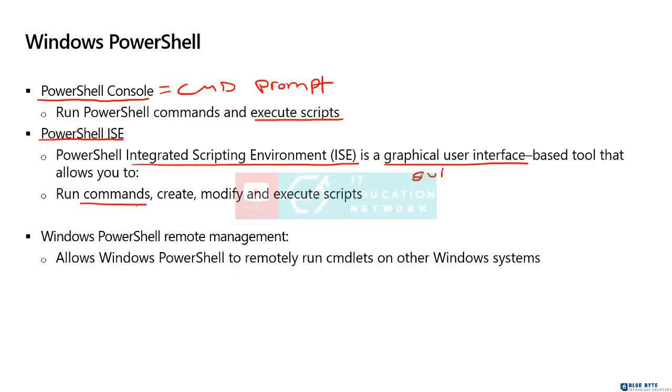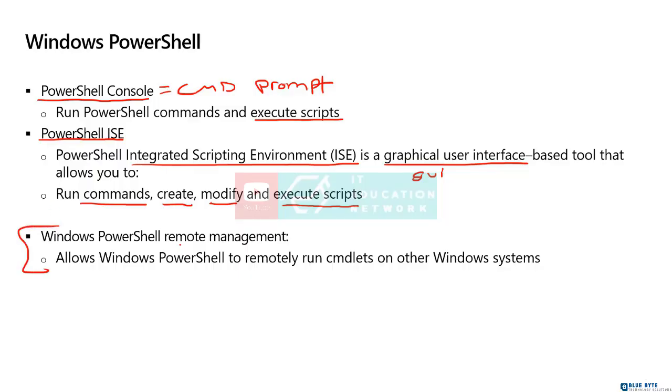You can run commands like you could in the console. You can also create scripts here. If you already have a PowerShell script, you can modify scripts. You can execute scripts. So this is really the full capabilities of PowerShell in this PowerShell ISE. So those are the two tools we'll use, the console, ISE.